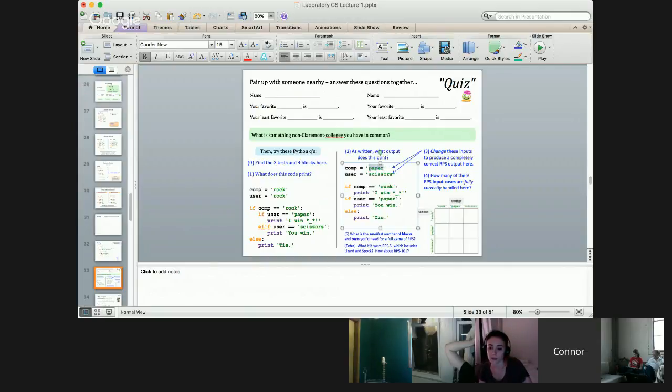Go ahead, what does it mean? I mean, when we say completely correct, correct outputs, correct means only one output. Only one output, and it's the proper answer to this game of rock, paper, scissors between the computer and the user.